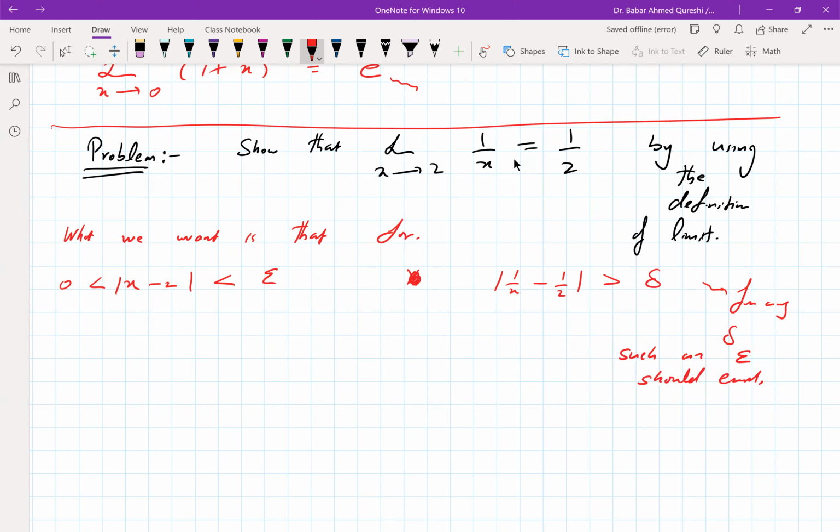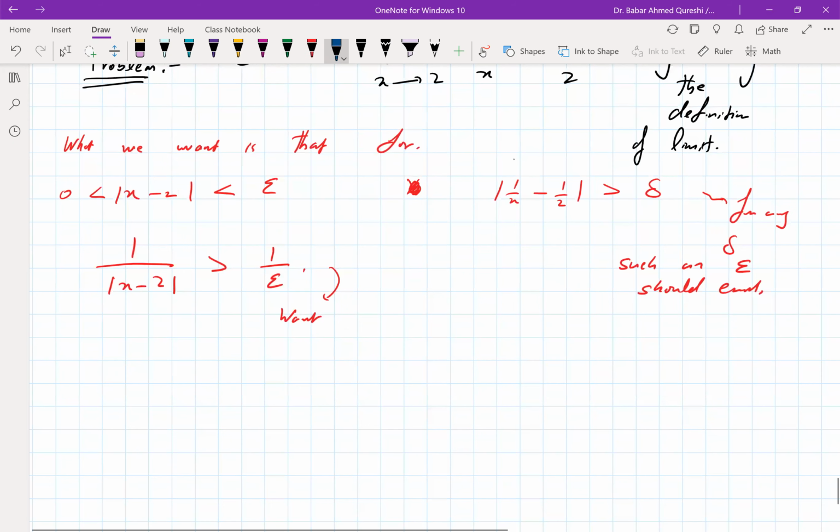So I start from here and I know that 1 over x minus 2 is now going to be bigger than 1 over epsilon, and I want to get this thing less than delta.